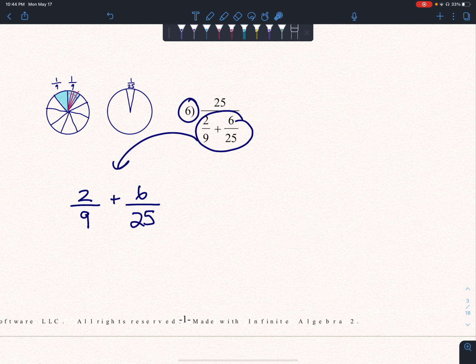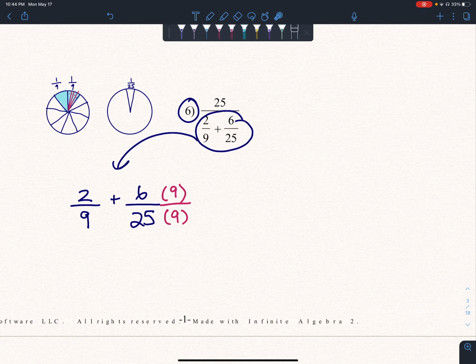So on this side, I have a denominator of 9. So I'm going to multiply the top and the bottom by 9. So notice that I haven't changed anything because 9 over 9 is 1. So no magic here. I'm not changing anything. I'm just rewriting this in a convenient way.